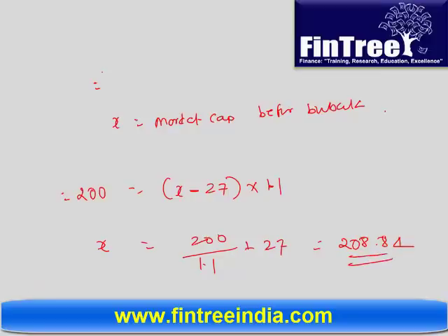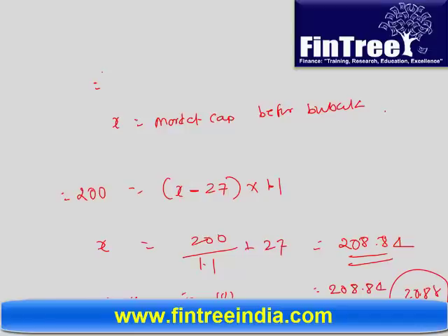Then say number of shares outstanding before buyback is equal to 10 lakhs. Therefore, price at which buyback can be effected is 208.84 divided by 10, which is 20.88.